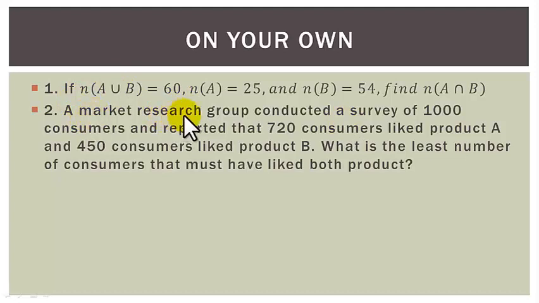A market research group conducted a survey of 1,000 consumers and reported that 720 consumers liked product A and 450 consumers liked product B. What is the least number of consumers that must have liked both products?